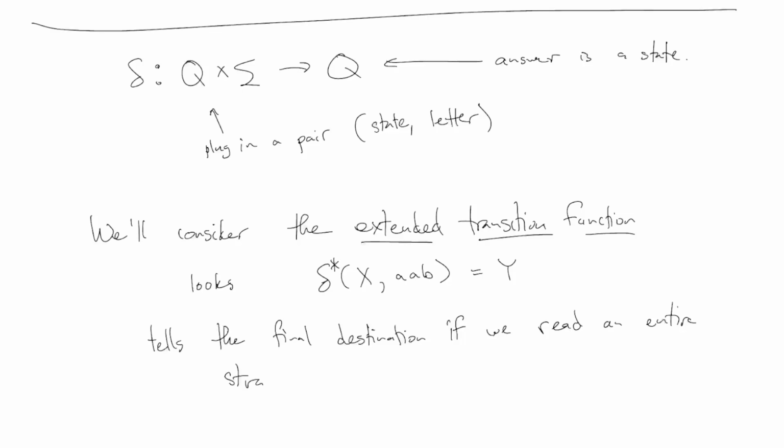The ordinary transition function, delta, just takes one letter in that second position, but the extended transition function, you can plug a whole string into it, and it does that whole string one letter at a time.